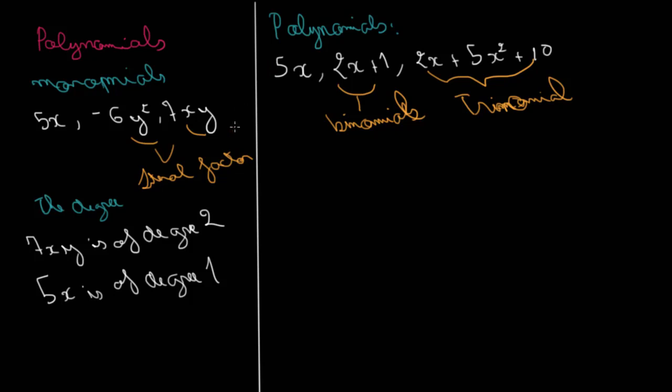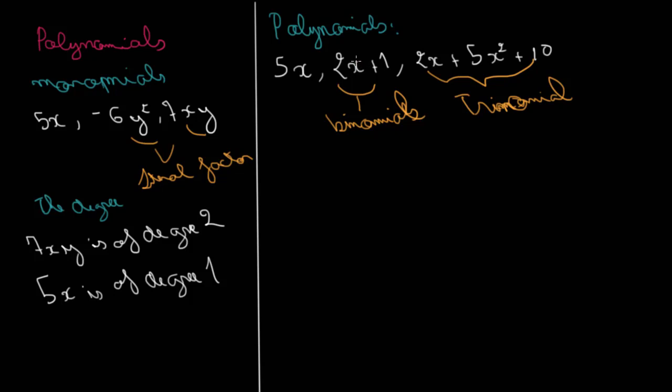We said 5x is of degree 1, so this polynomial is of degree 1 as well. The second one, 2x plus 1, has 2 terms. You can see 1 is of degree 0, and 2x is of degree 1, because I have x raised to the power of 1.